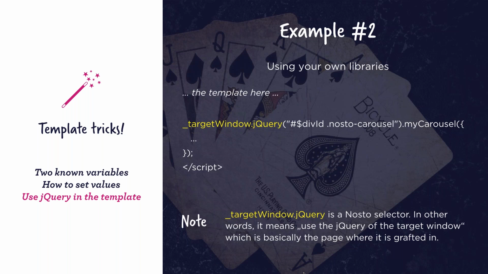which is basically jQuery, the usual selector, pre-placed with underscore target window, which in this case means to use the jQuery of the target window where Nosto is, which is in the end the website where Nosto is applied.